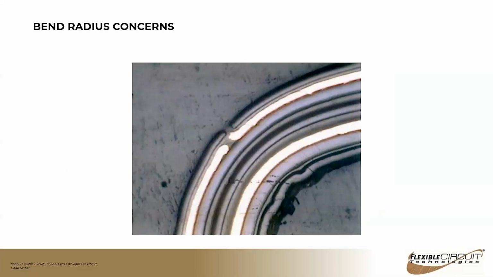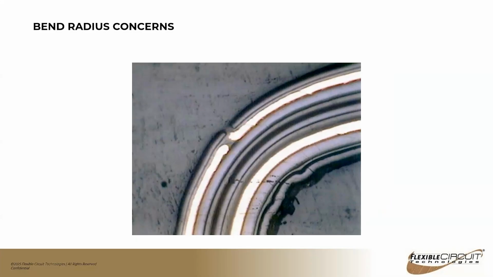Getting into some of these concerns with bend radius, in this example you can see a double-sided circuit. On the outside of the bend radius, you can see where the part under tension has fractured, as has the polyimide. And you can see on the inside there's some buckling. You can also see that this construction is asymmetrical.